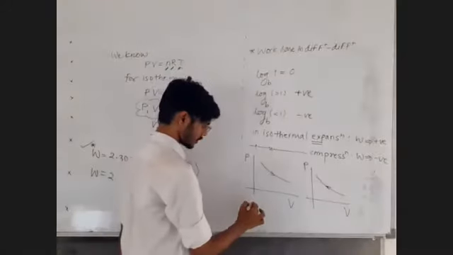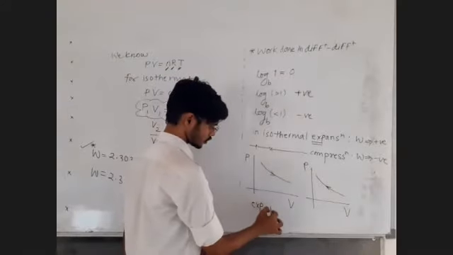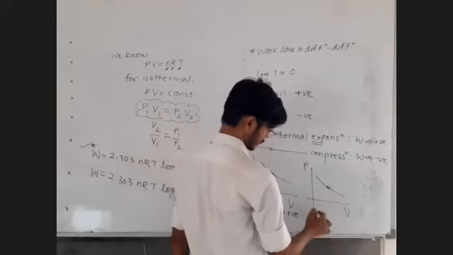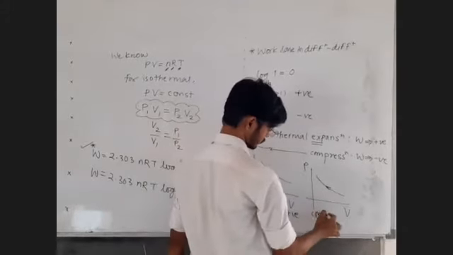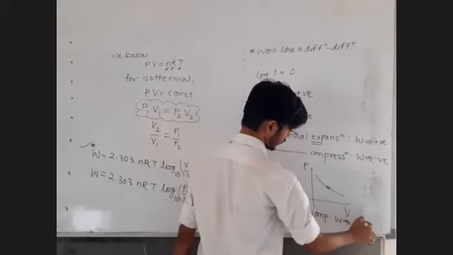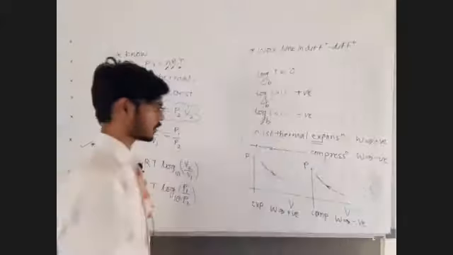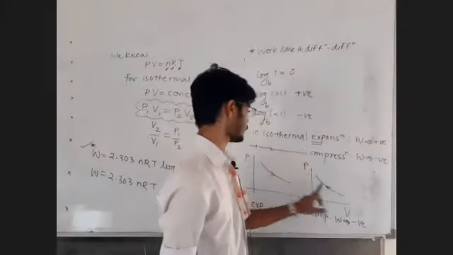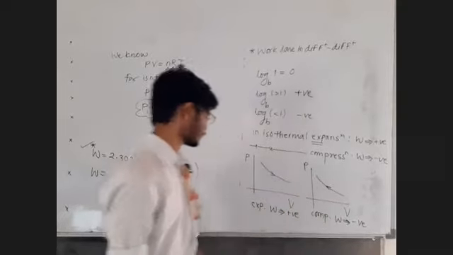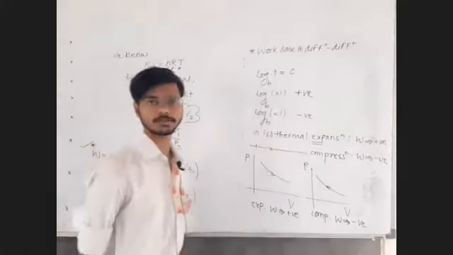So this is expansion, and work done is going to be a positive value. This is compression, so work done is going to be a negative value. Understood? These arrows will play a role in deciding the sign of the work done.